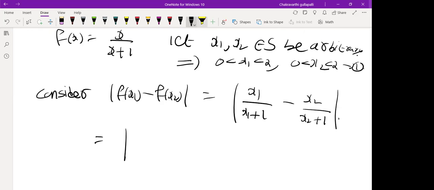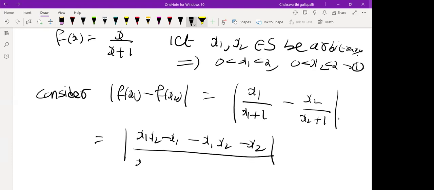So simplify this. You can directly take the LCM: x1 x2 plus x1 minus x1 x2 minus x2, divided by (x1 plus 1)(x2 plus 1). Correct. Good.